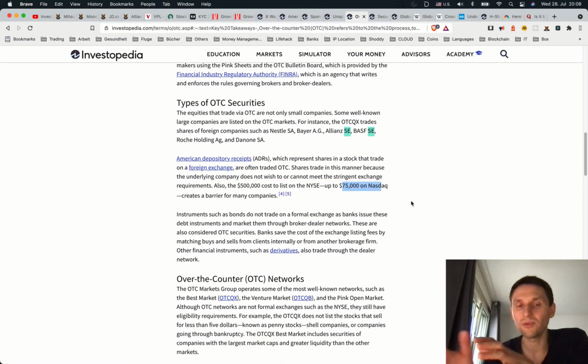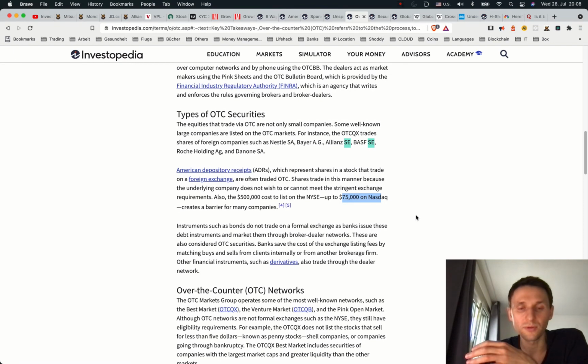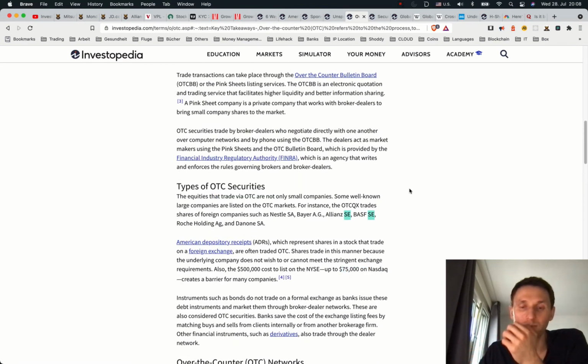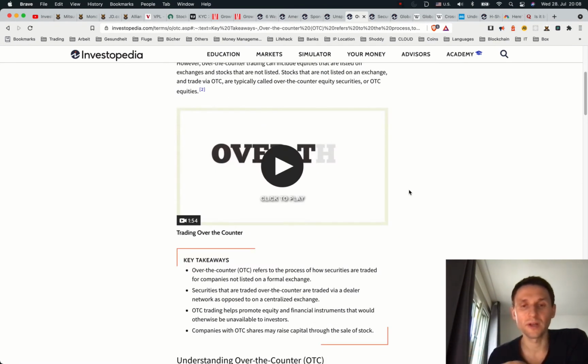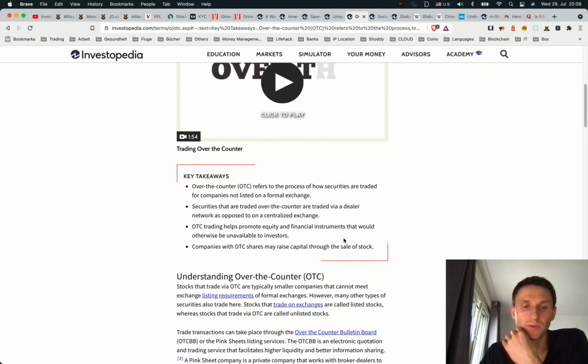So not every company wants to pay that amount of money. That's why over the counter is an option to trade foreign stocks through a decentralized network. So those are some takeaways.